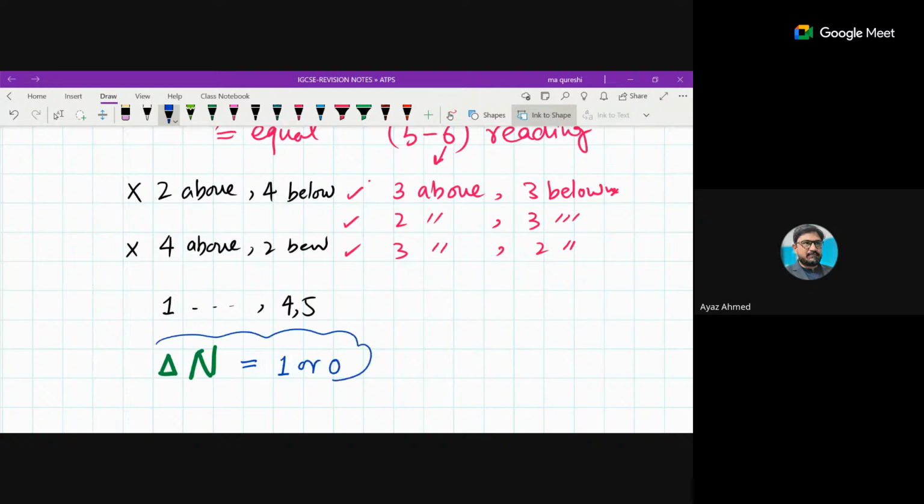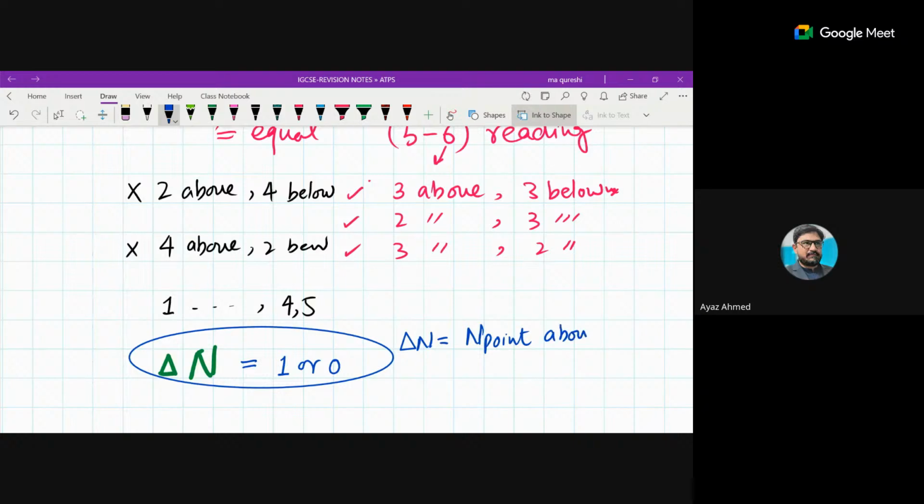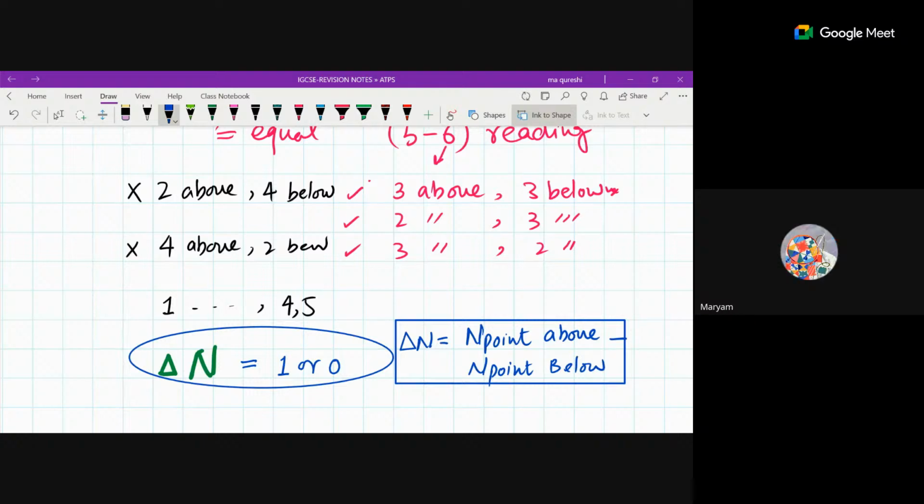Yani delta n, what is delta n? Delta n is the difference between number of points above minus number of points below. Are you getting my point? Is this all clear to everyone? Yes, sir. Okay.